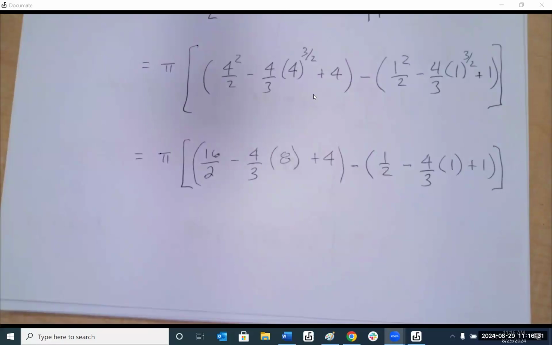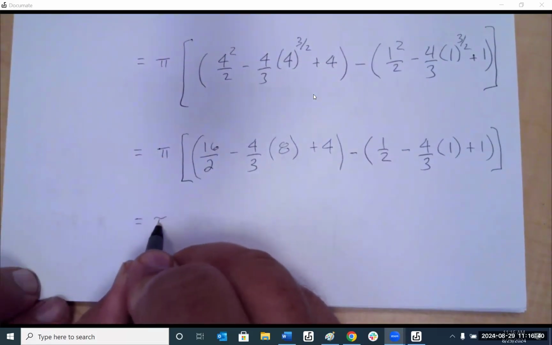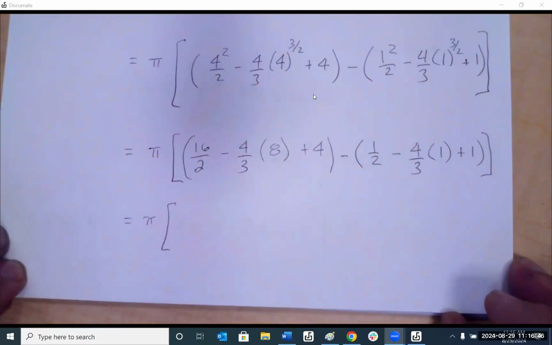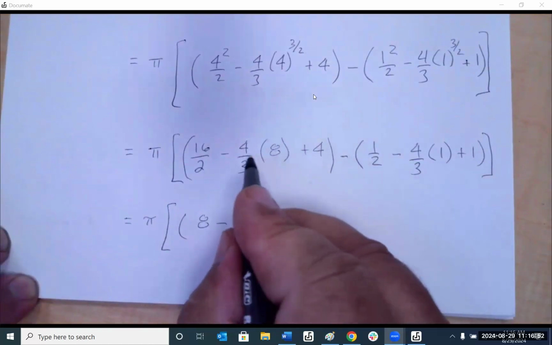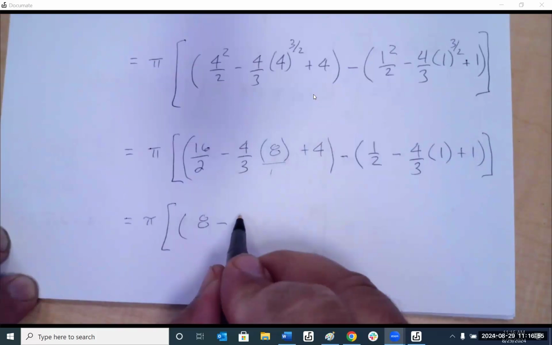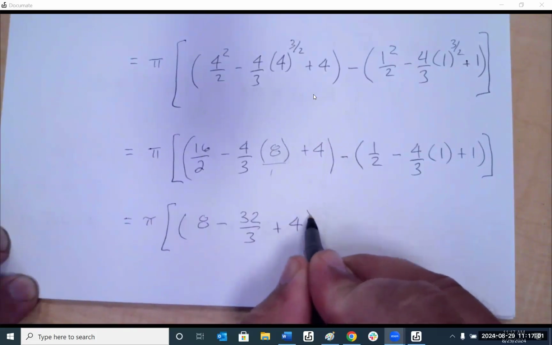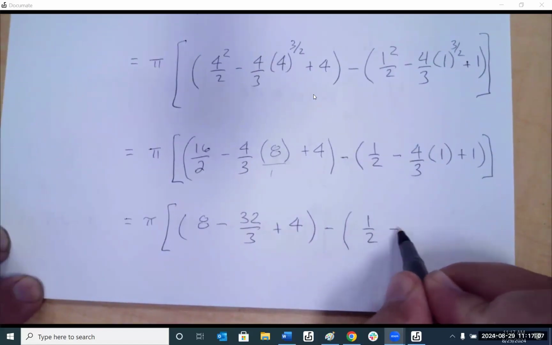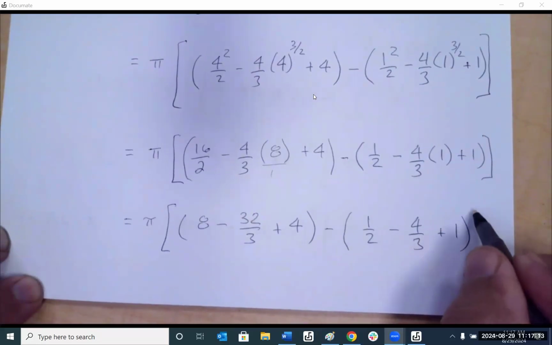If I lose you at any step, please tell me. And we'll point and laugh and keep on moving. 16 divided by 2 is 8. Nothing cancels here. 4 times 8 is 32 over 3 plus 4. 1/2, 4/3 times 1 is 4/3 plus 1.